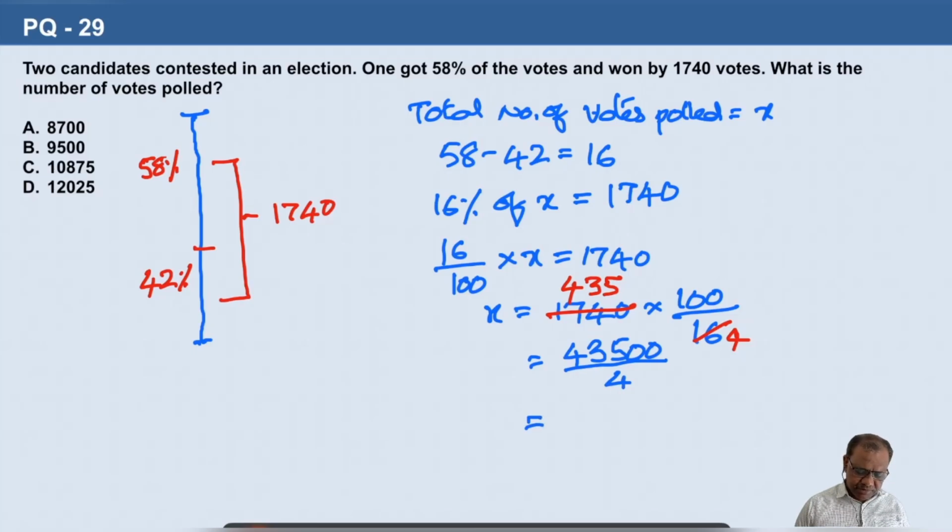If you divide by 4: 4 twos are 8, 4 eights are 32, 30, 4 sevens are 28, 2 remains, 2 and 0 is 20, 4 fives are 20. So 10,875. This is the total number of votes polled. Option C is the right answer.